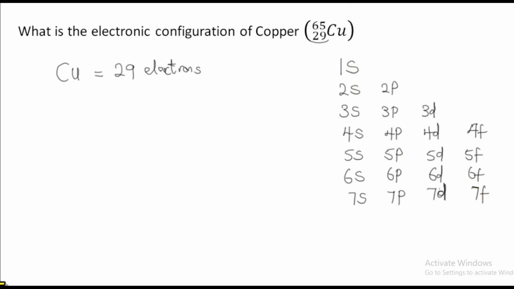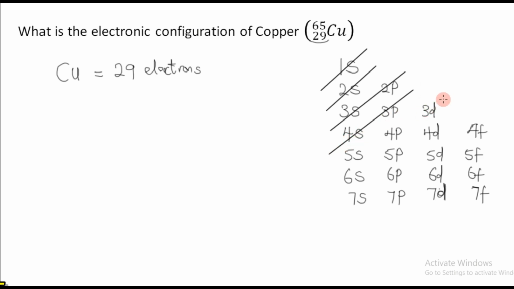So the order of increasing energy level goes like this. We'll fill the 1s orbital first before going to the 2s orbital. Then after filling the 2s orbital, we'll move down to what? The 2p orbital, down to the 3s orbital. After filling this, we move to the 3p orbital and the 4s orbital.